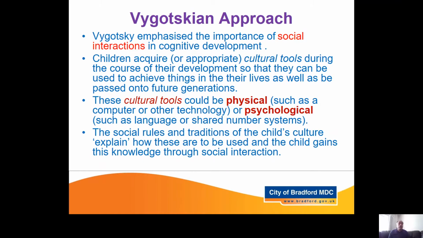We would use cultural tools. They can be physical or psychological, and the culture of the child will explain to them how that tool is supposed to be used, and that's how they get that information, through social interaction with their communities, with their parents initially, and their extended families, and then their communities in general.